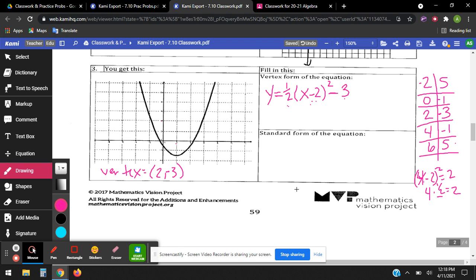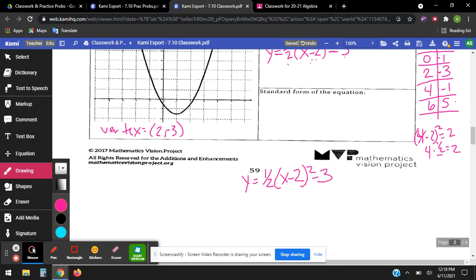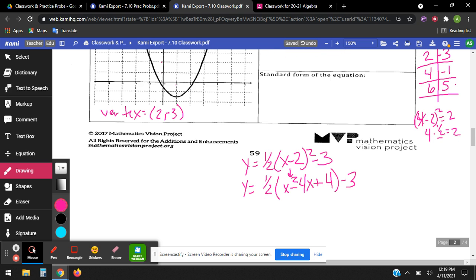Now to get the standard form, we have to multiply this all out. So y equals 1/2 times (x minus 2) squared minus 3. Let's do this in here first. So 1/2 times x squared minus 4x, plus 4, minus 3. Now I have to distribute my half.